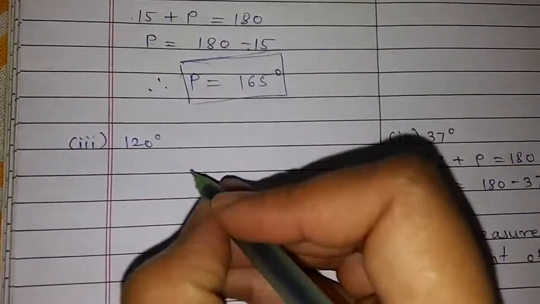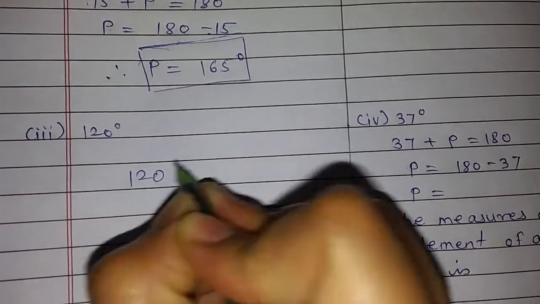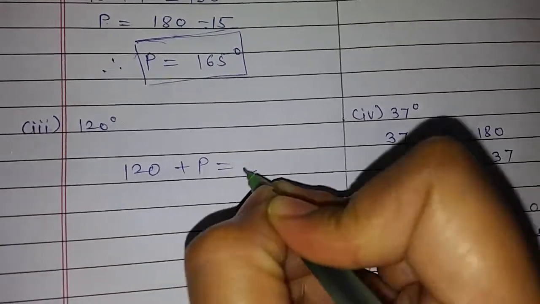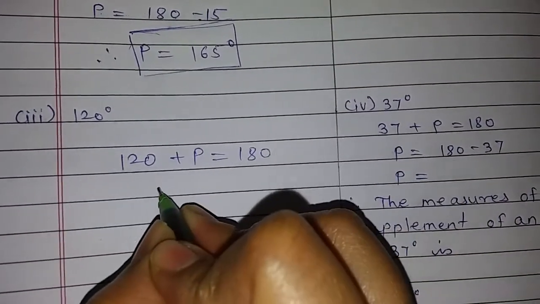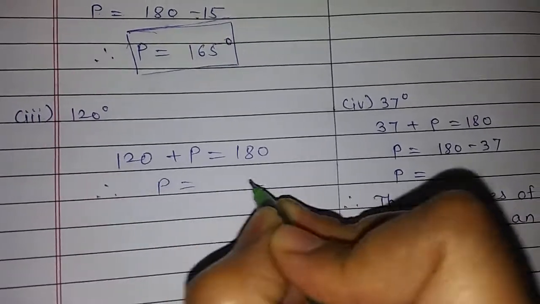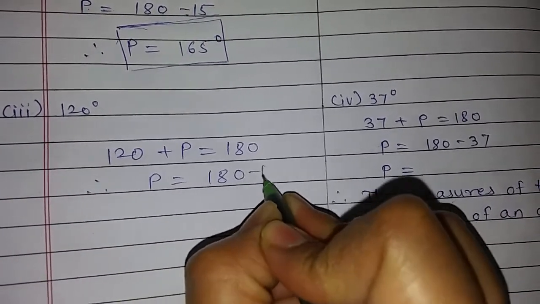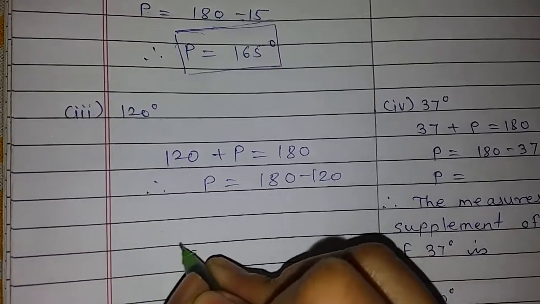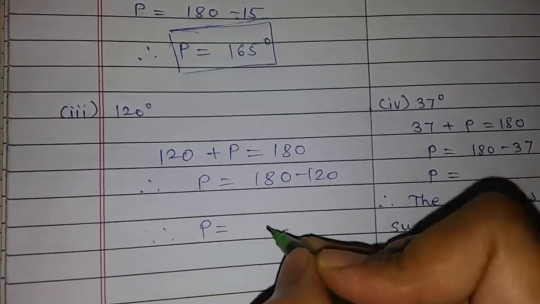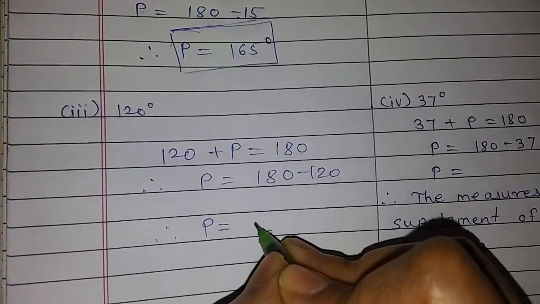Now next example, 120 degree. 120 plus P is equal to 180. Therefore P is equal to 180 minus 120, means P is equal to 60 degree.